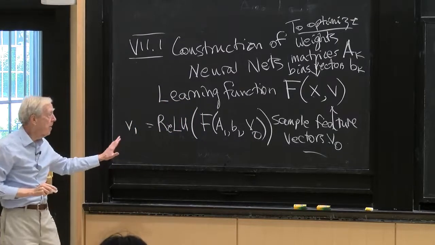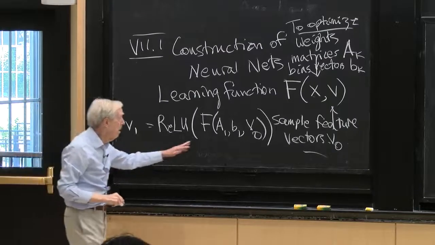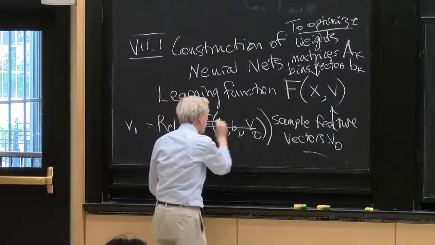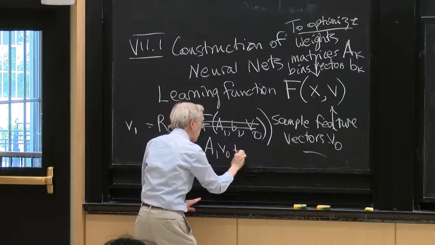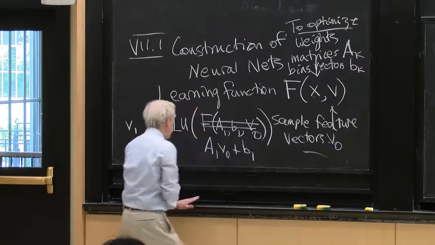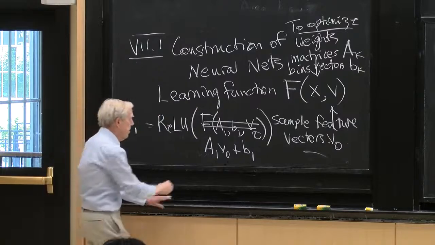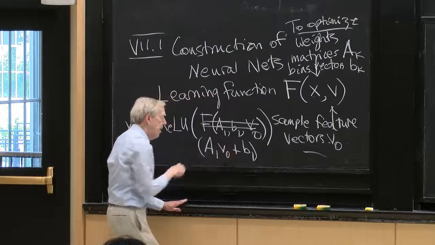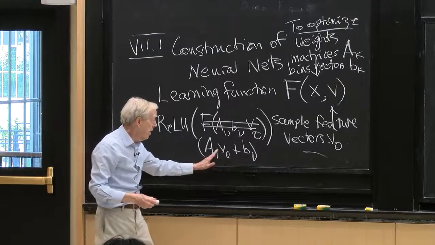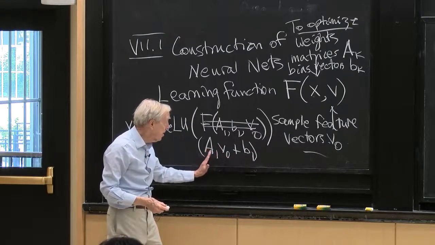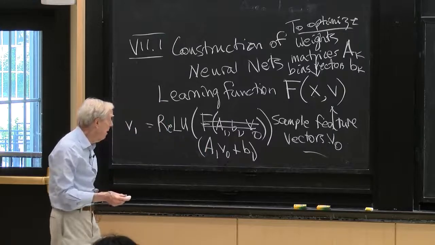I could write out what this is here: A1 V0 plus B1. So the two steps are the linear step. The input is V0. You take the linear step using the first weights, A1 and B1.